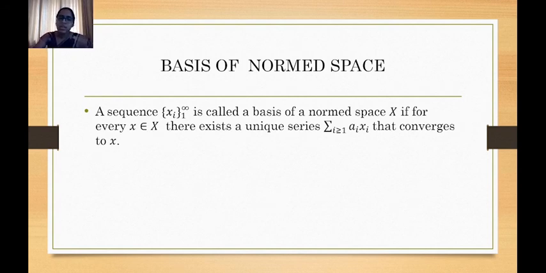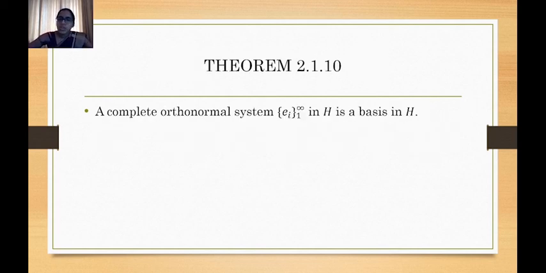So here also a sequence is said to be a basis if for every element of that normed space X we can find a unique series, summation i greater than or equal to 1 of a_i x_i, which converges to this point. Converging means it can be written as a sum of these elements. Next we shall move on to Theorem 2.1.10.